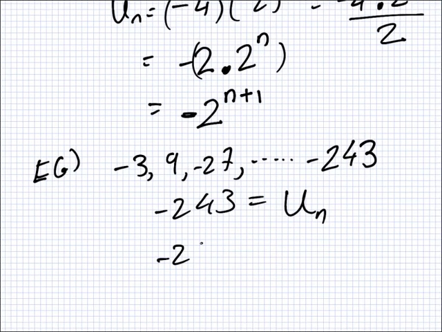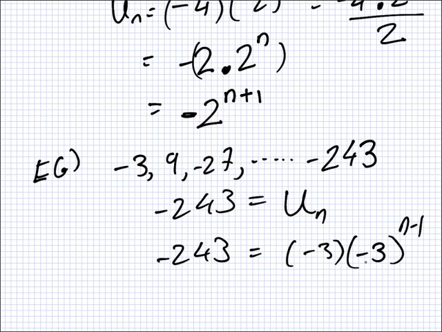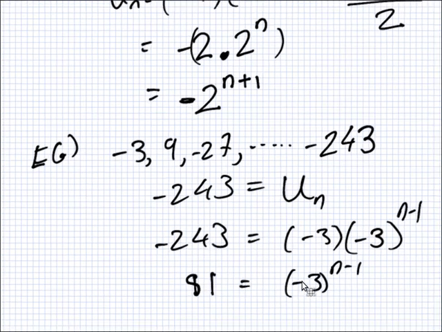So that's minus 243 equals A R to the power n minus 1. What's the R here? Is it minus 2? No, I don't think so. Minus 3. Yeah. Now I'm sure minus 3 divides into minus 243. It'll be 81. So 81 equals minus 3 to the power n minus 1.